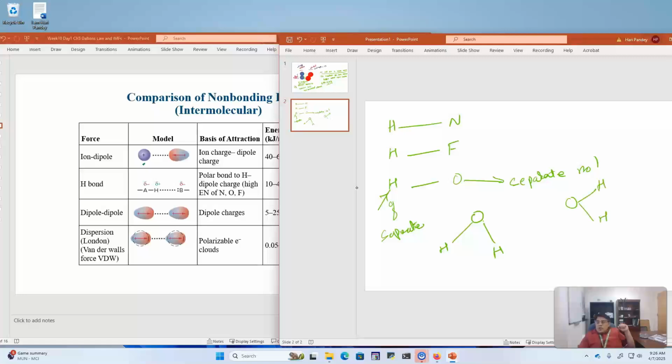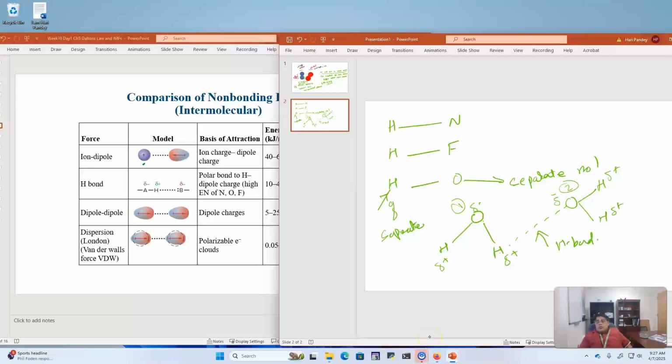You have the oxygen here and the hydrogen attached with the oxygen, but this hydrogen is of a different molecule. This is molecule 2 and this is molecule 1, and this is the attraction. Because one has delta minus and the other has delta positive, the attraction between these two forms a bond. This bond is the hydrogen bond.